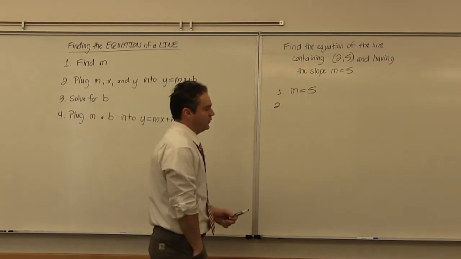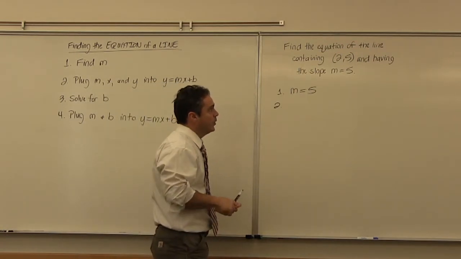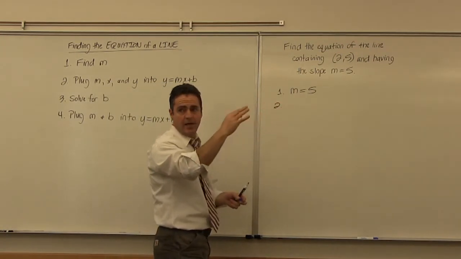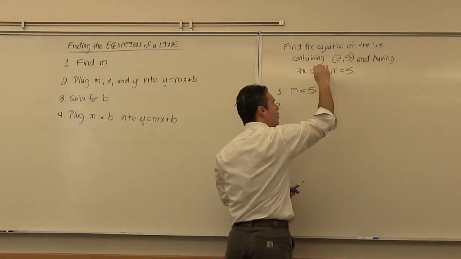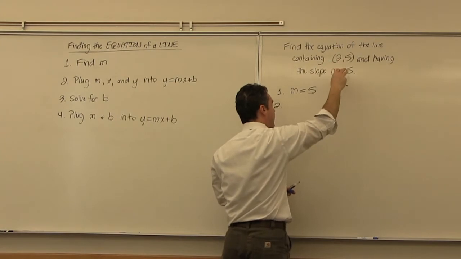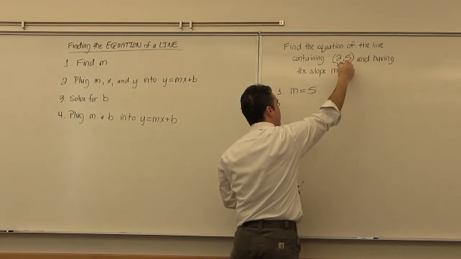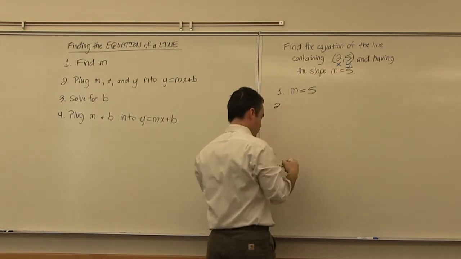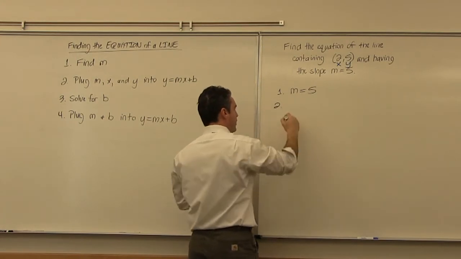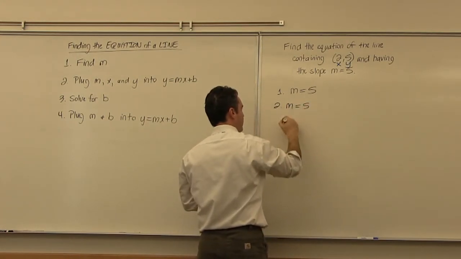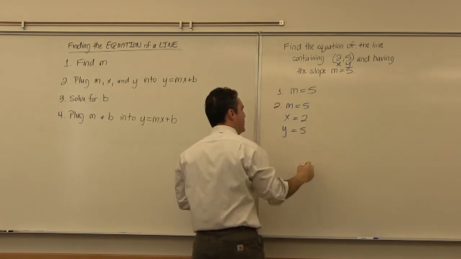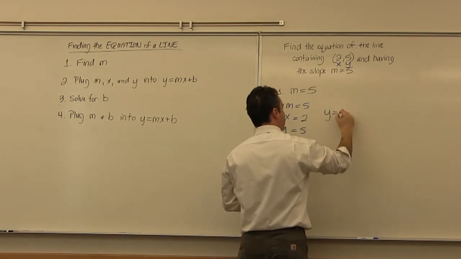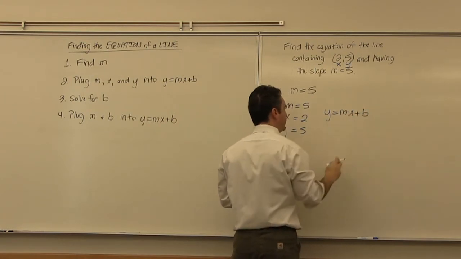Now let's think about this. Let's come back over this problem. What is x? What do we have up here that constitutes an x? That's right, we have an ordered pair where we've been given a point on this line. And so this is x and this is y. So we're being told to plug m, which equals 5, x, which equals 2, and y, which equals 5, into the equation y equals mx plus b.